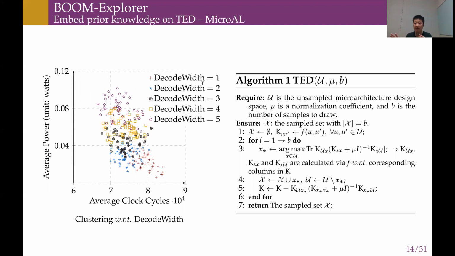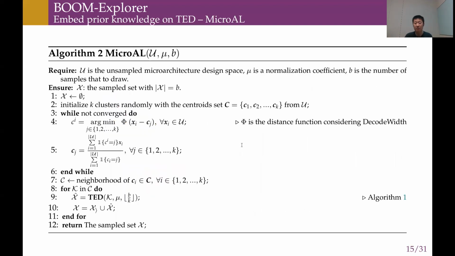And on the right figure, we give the backbone of TED. As you can see in line 3, TED tries to maximize the intra-diversity of the trace matrix with respect to samples. So we combine the prior knowledge and TED to formulate our MicroAL as algorithm 2.